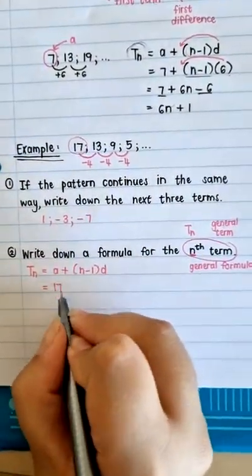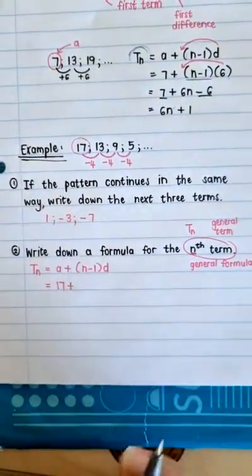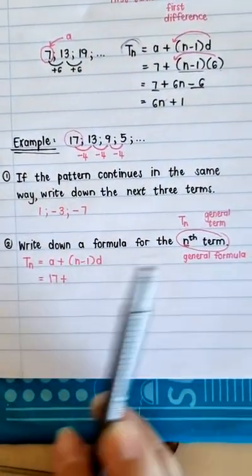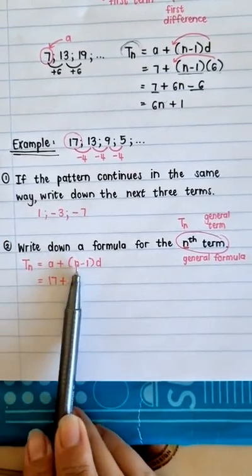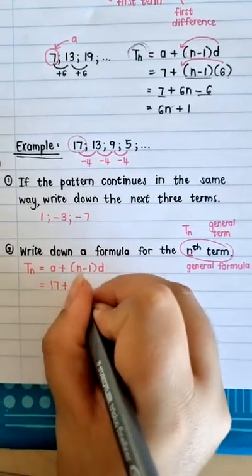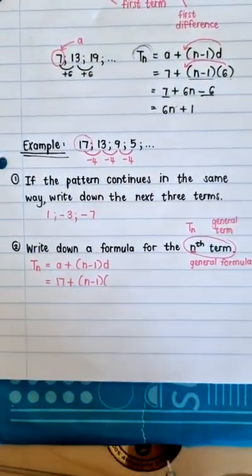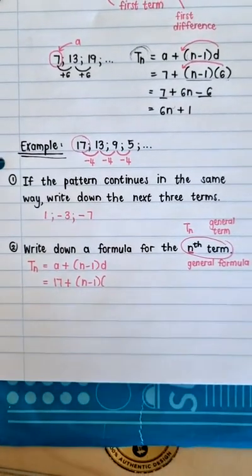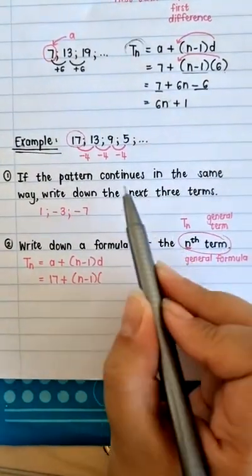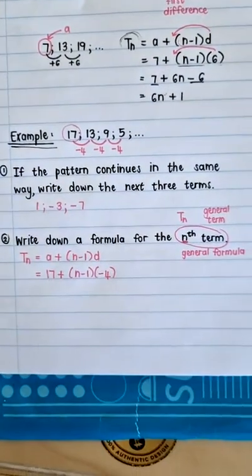So a is 17 plus, remember what I said, when you're finding the nth term, you need to have an n in that formula. So we're not going to put in a value for that n. We're going to leave it as n. So n minus 1 and then times d. Now, guys, in this case, the constant difference, we're minusing 4 every time. So the constant difference is negative 4. All right, so that is what our d value is.